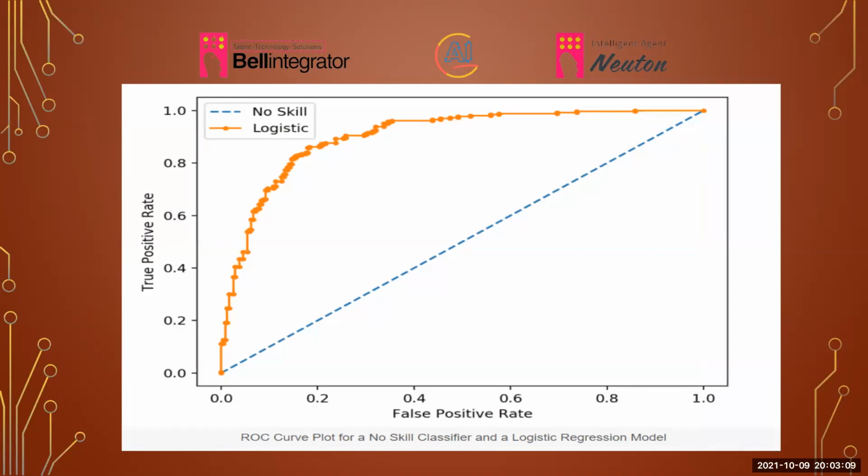The area under this curve is the AUC that you just pointed out. The higher the AUC, the higher your model's prediction accuracy. If your ROC curve is below the linear diagonal line, then your model is not good. Don't use it. Then you need to do something about it.